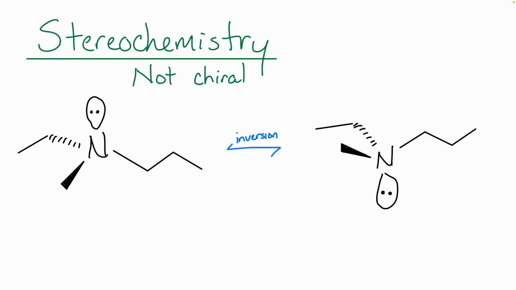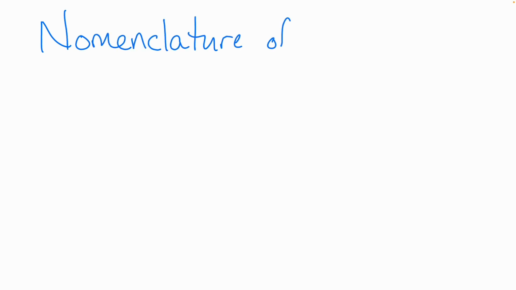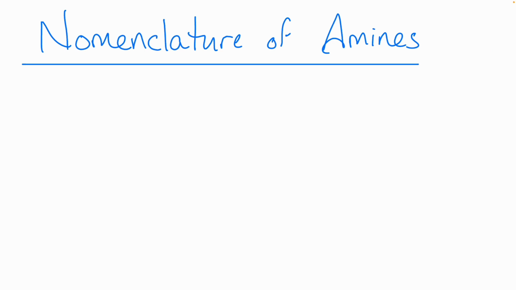So then to round out our introduction of amines, let's do amine nomenclature. We're going to start with primary amines because these are the most straightforward, and then we'll talk about secondary and tertiary amines.